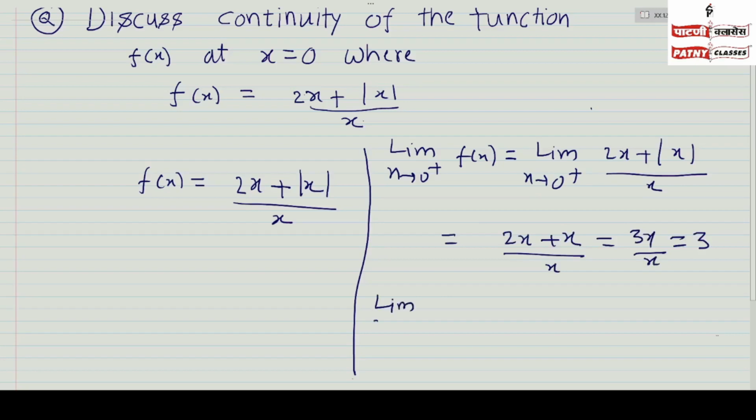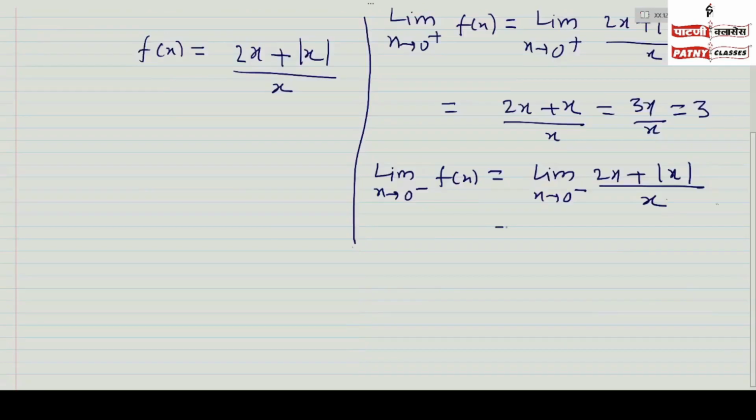Similarly, the limit as x tends to 0 minus of f of x equals the limit of 2x plus modulus x upon x, which equals 2x minus x upon x equals x upon x equals 1.